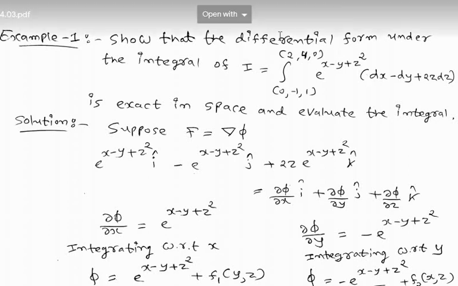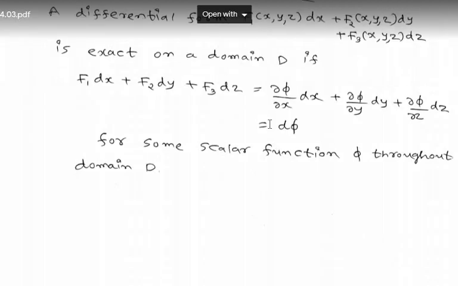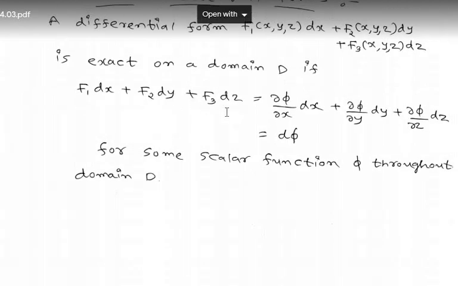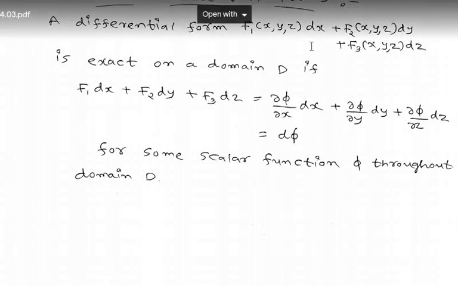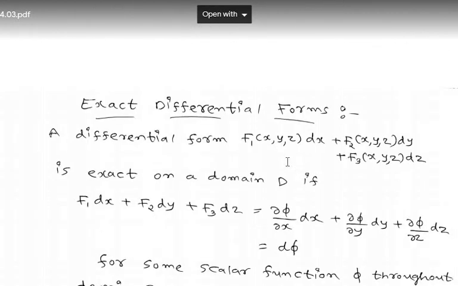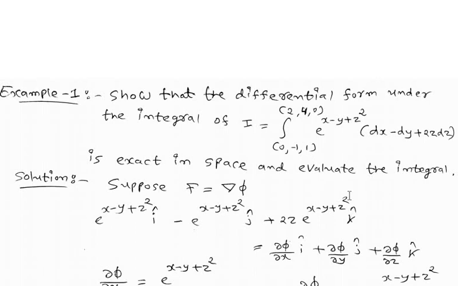For the given form to be exact, we have to prove f1 dx plus f2 dy plus f3 dz is equal to d phi, right? This is the condition for the differential form to be exact. So first of all, we require f1 dx plus f2 dy plus f3 dz.